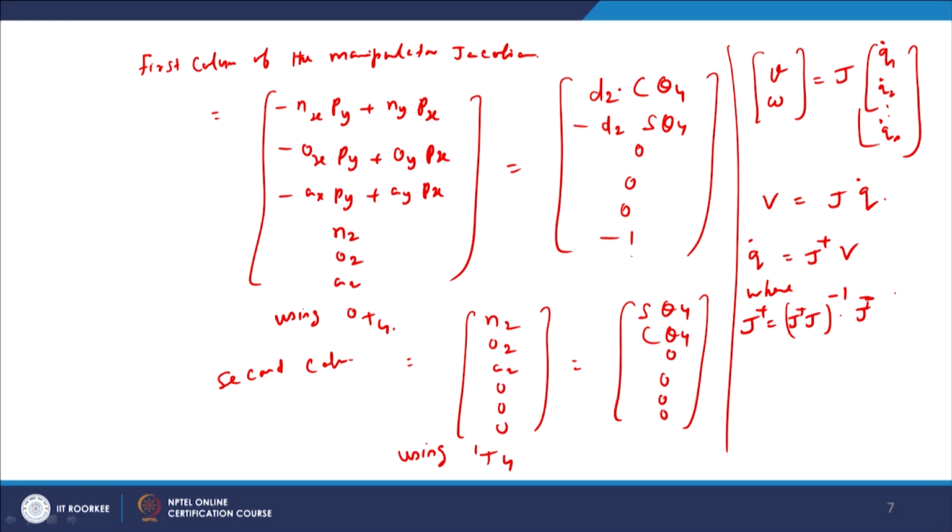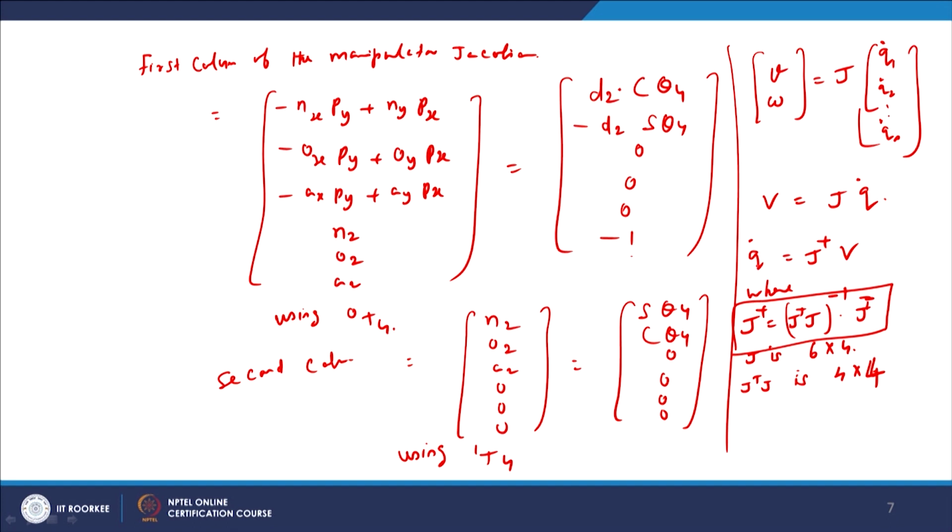So, we can see in this example, if J is a 6 cross 4 matrix, then J transpose J is a 4 cross 4 matrix. So, it is a square matrix and we can find the inverse of J transpose J and multiply it with J transpose. So, this expression is called the generalized inverse of a matrix, whether it is a square matrix or non-square matrix.